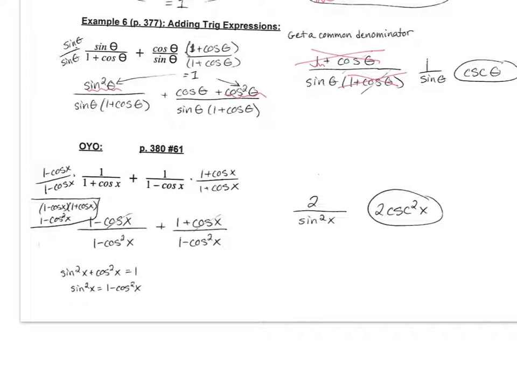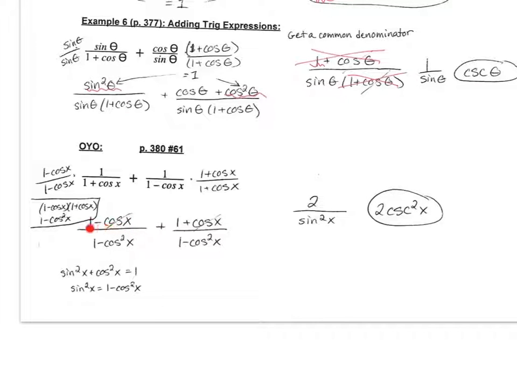Moving on. Second example here, if we go ahead and again find a common denominator, multiplying the 1 plus cosine, numerator and denominator by the other denominator, 1 minus cosine, and vice versa. We of course get 1 minus cosine squared in each denominator, and then each numerator basically becomes the other denominator.